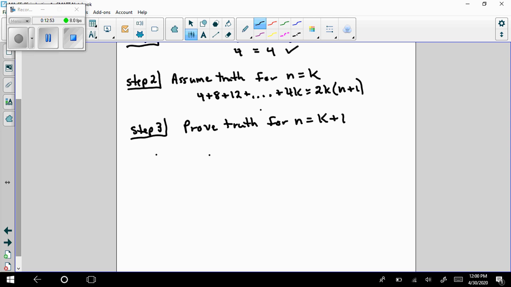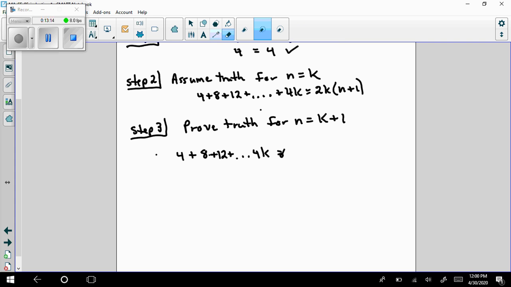All right, so I have 4 plus 8 plus 12 plus 4k, plus, oh, I forgot to add my plus 1, sorry. So plus 4k, that's my original, plus, okay, so now I'm going to take my 4k and change my k to 4 times k plus 1.